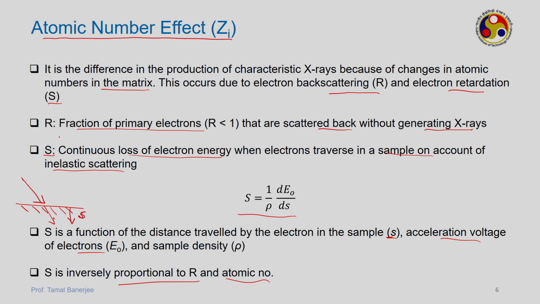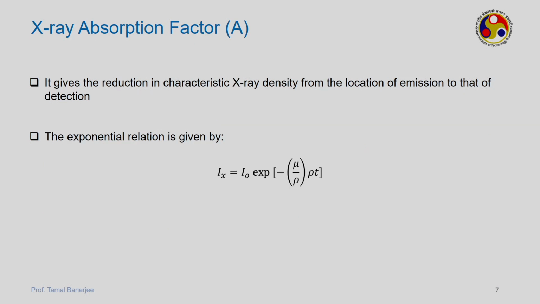So, this Z factor is very important because these two effects do affect the characteristic X-rays coming out from the sample. Then the X-ray absorption factor. What is that? The X-ray absorption factor gives the reduction in characteristic X-ray intensity from the location of the emission to that of detection. So, how much is absorbed on the way out from the sample?